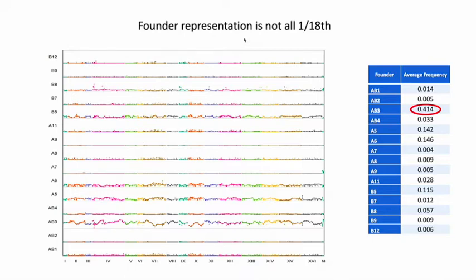Some other ones did well, and then some are kind of poor, right? They're in there, but at a fairly low frequency. In fact, here's the average frequency, such that for some of the founders, their average frequency in the base population is less than 1%, although there are certainly hunks of the genome where they're at a much higher frequency, okay? So we seem to get all the variation in, although certainly it doesn't all start at 1/18, right?